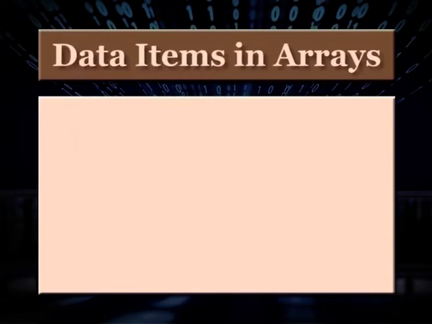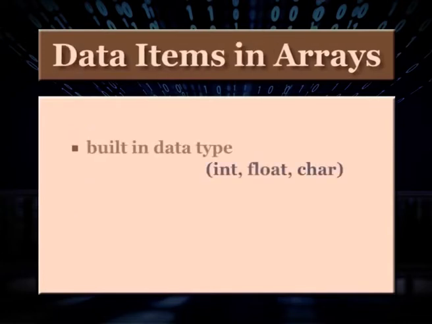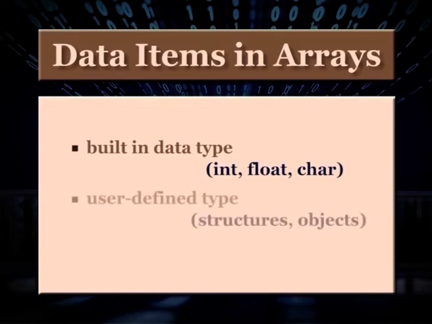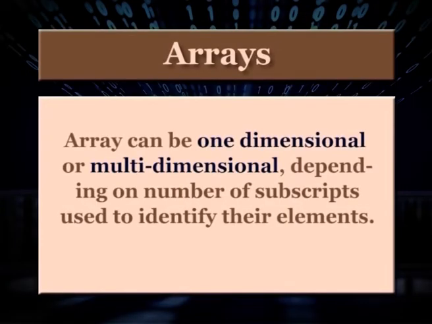The data items grouped in an array are either of a built-in data type, that is int, float, char, or a user-defined type, that is structure, objects. Since elements of an array are distinguished by subscripts only, they are also called subscripted variables. An array can be one-dimensional or multidimensional depending on the number of subscripts used to identify their elements.